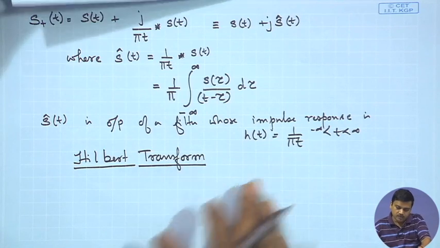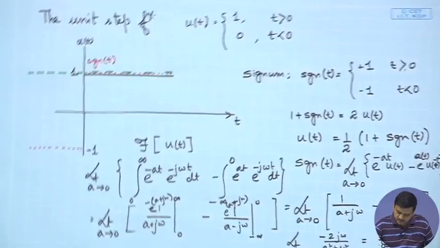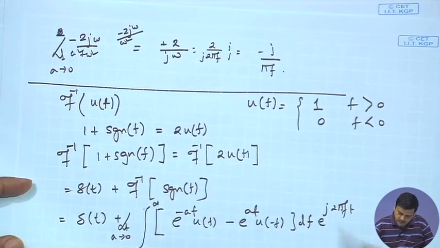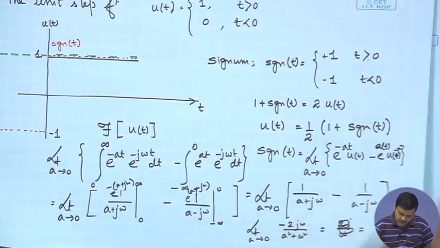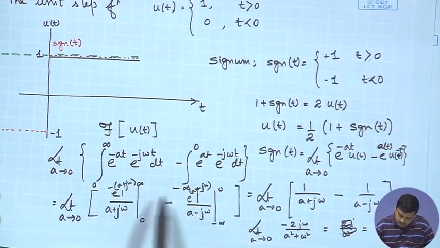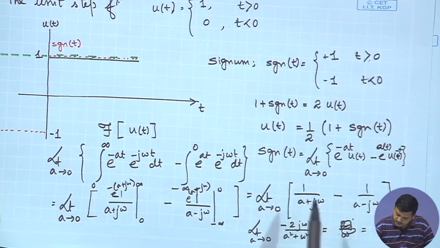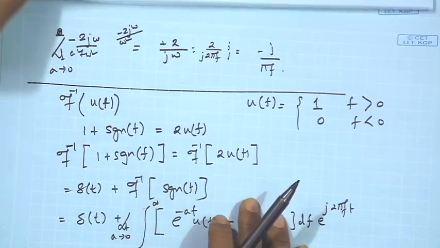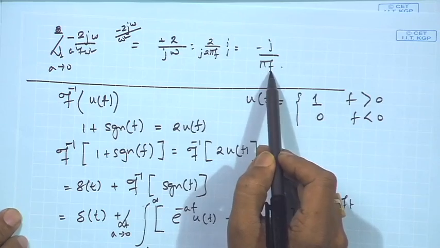And you could recall from our earlier discussions, this would help us. This is 1 upon f. So, it would hint that it has something to do with u of f, it has something to do with the sine function, because we were doing the Fourier transform of the sine function, and when we did that we arrived at an expression which had 1 upon pi f rather.